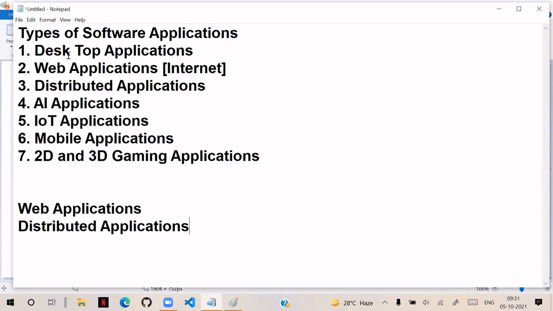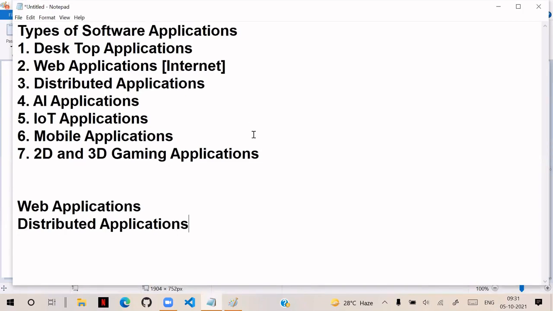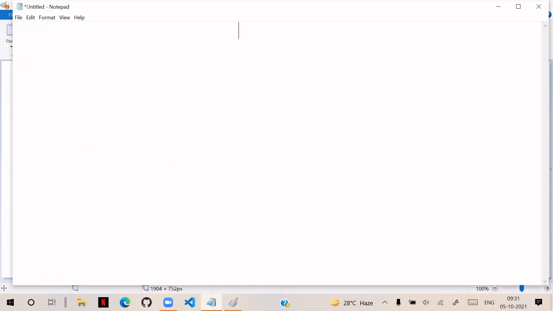Hope everyone is clear with this point, right? So, the types of applications and what types of applications we are going to build, what types we are going to learn in our UI technologies. That is important. So the first point is clear. We are going to build what kind of application?